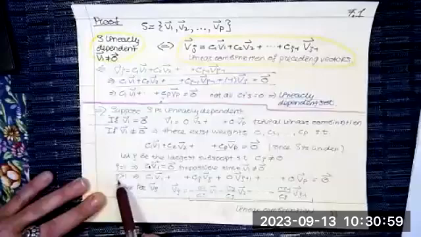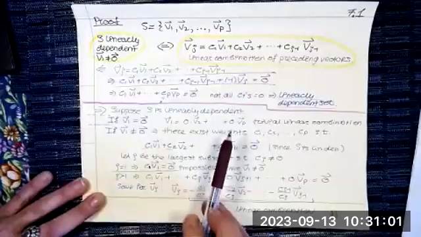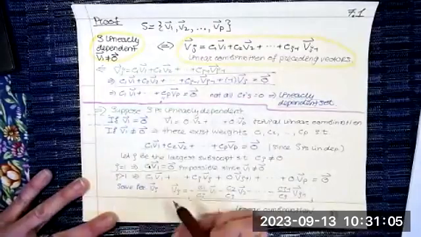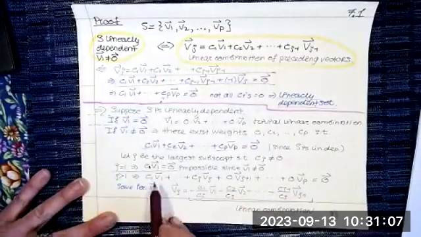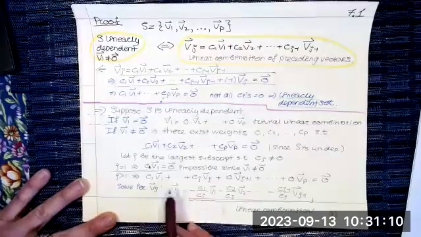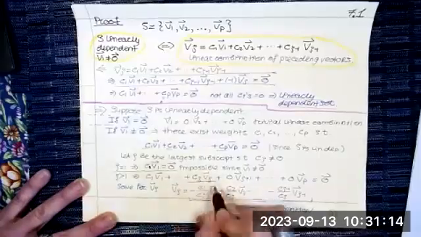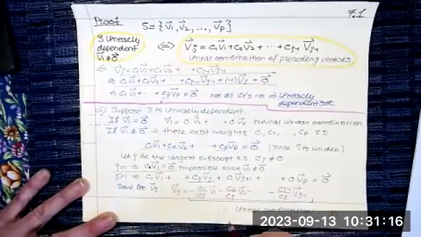So I need to go a little bit further in my set of vectors. So if j is greater than 1, then I'm going to go through C1 times V1 all the way to Cj times Vj. And this is my largest j, so that Cj is not equal to 0.